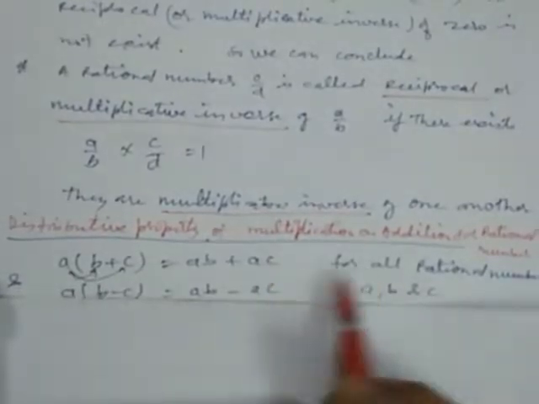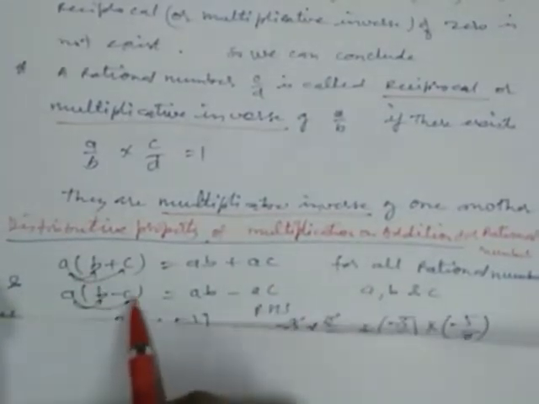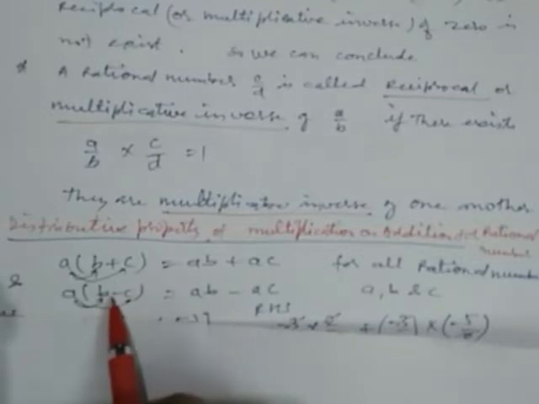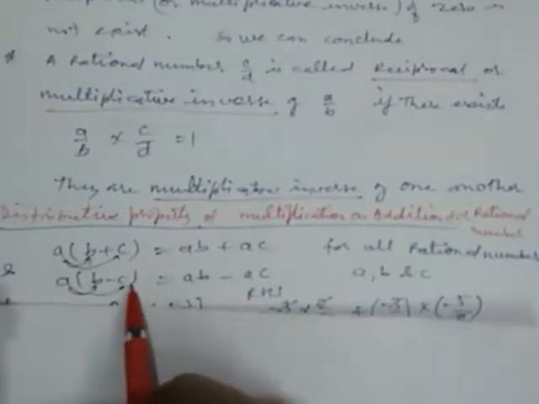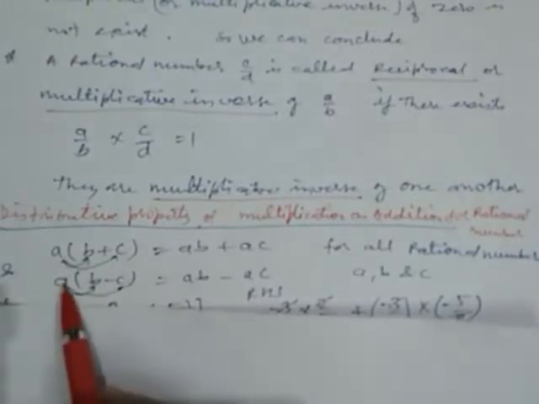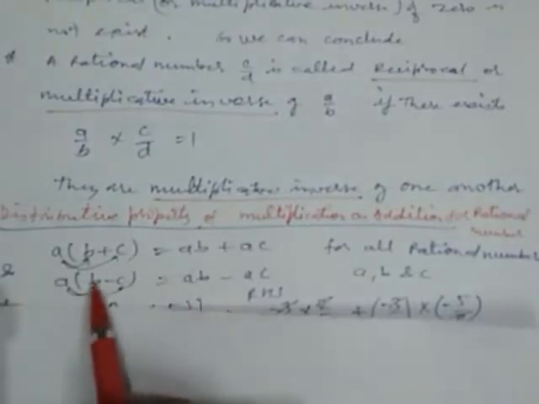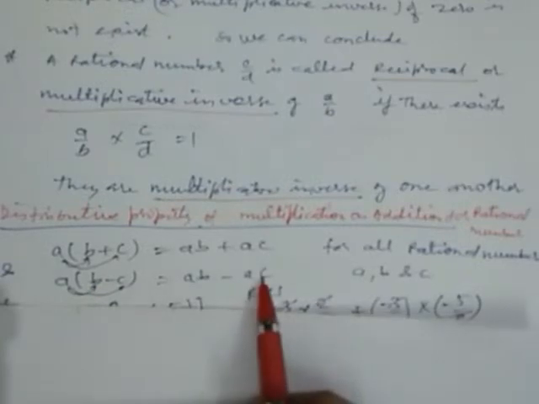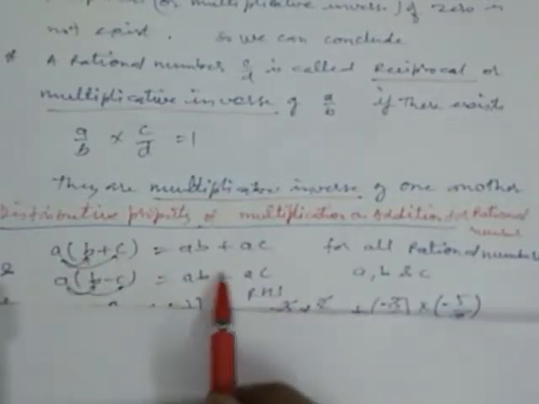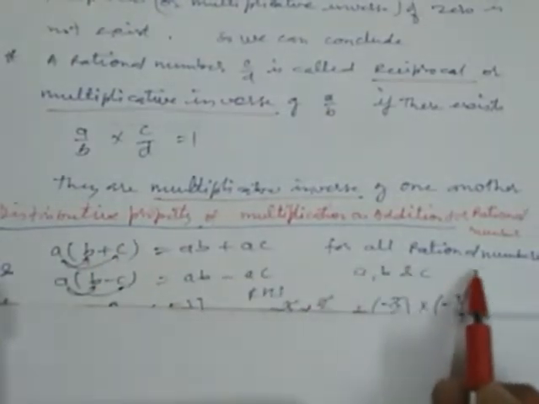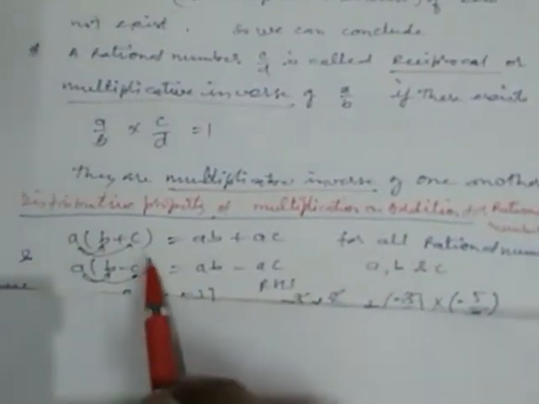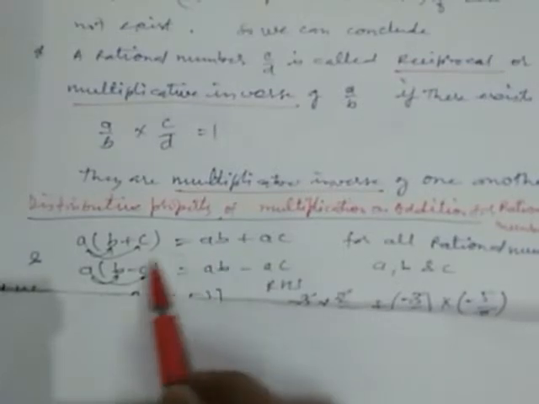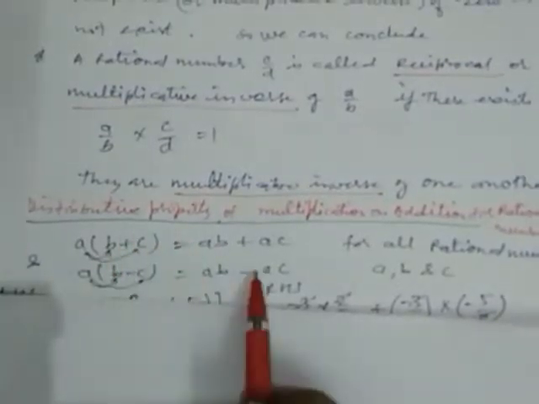Okay. Here, when we put a negative, that is A into B minus C, again we multiply A by B, AB minus A into C. Okay, so this is the distributive property for all rational numbers A, B and C. If this holds, we say that this is the distributive property.